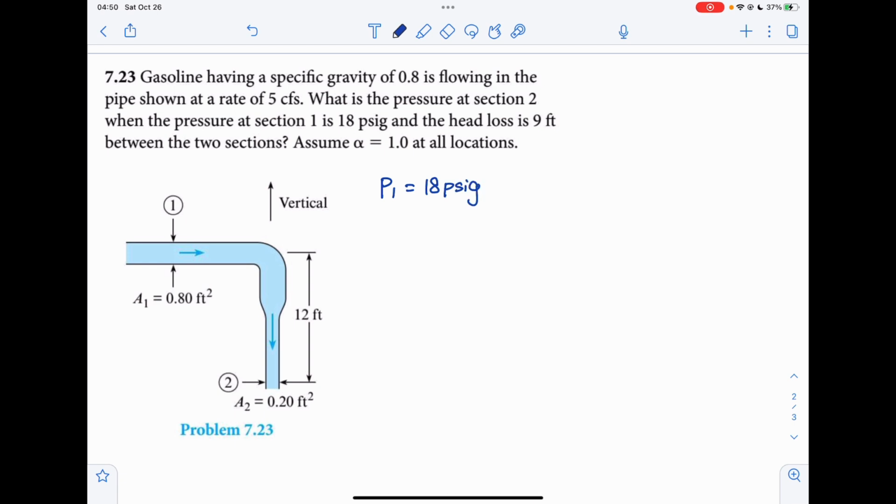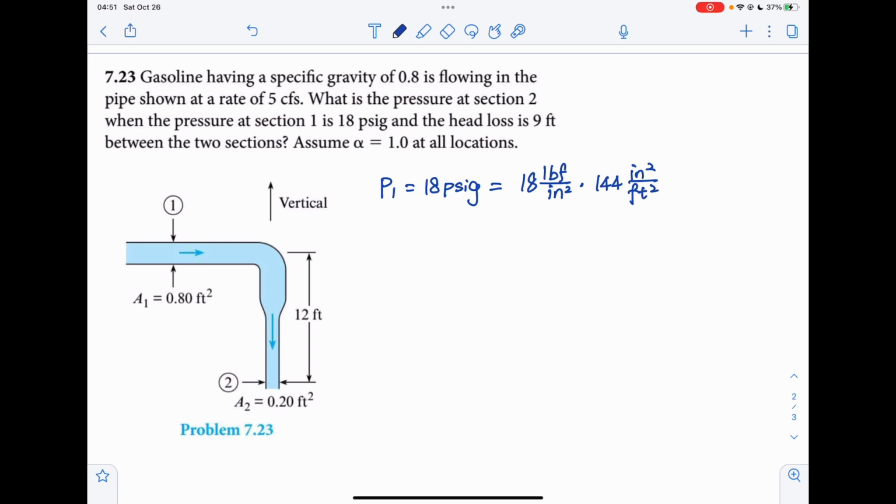So we're gonna convert it to feet first to match all the other parameters. So 18 psig, which is 18 pound force per inch squared, times 1 inch over feet.